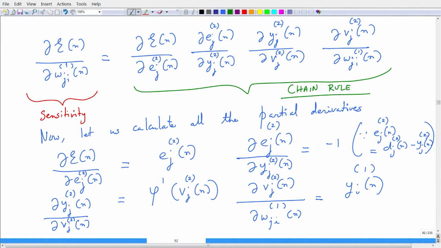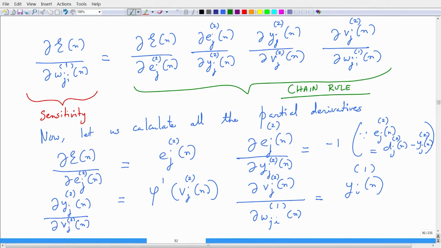So, this is our sort of notation, right. All the synaptic weights connecting from the 0th layer to the first layer are indicated by Wji of 0, and from the hidden layer to the output layer it is Wji of 1. So, this is sort of straightforward from our sketch of the architecture, right, and how we defined our variables. So, what we do is we do the chain rule now.